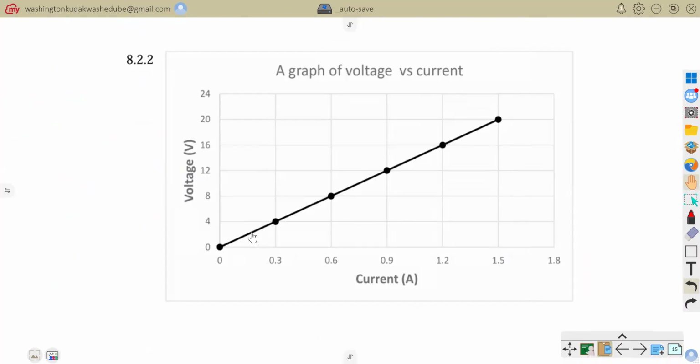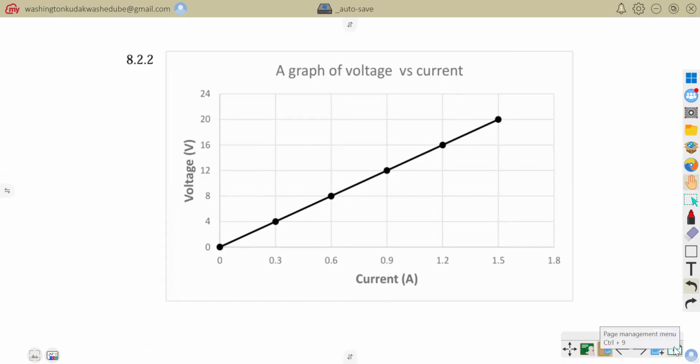You draw the values of your voltage on your y-axis, and the values of your current on your x-axis. This is what you were supposed to draw. When you plot 0 against 0, 4 volts against 0.3, 8 volts against 0.6, 12 volts against 0.9. That is what you are supposed to draw. So that was the graph.